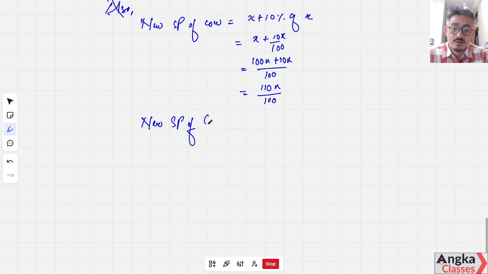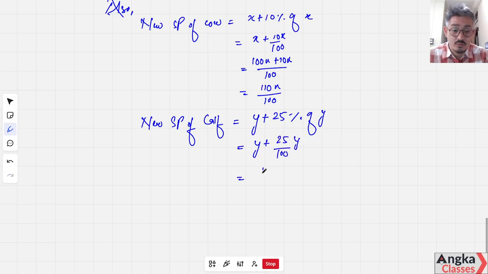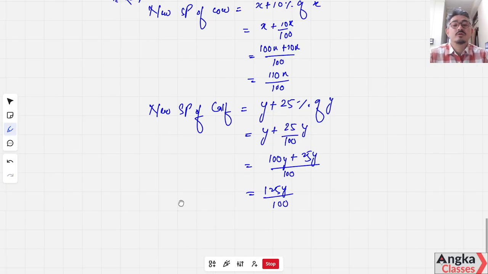of the calf is equal to y plus 25% of y. So y plus 25 by 100 y, which is equal to 100y plus 25y upon 100, that is 125y by 100. Okay.